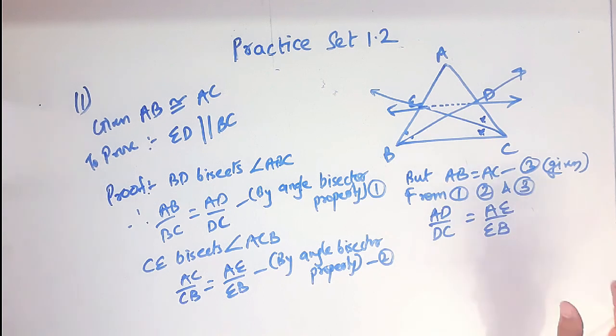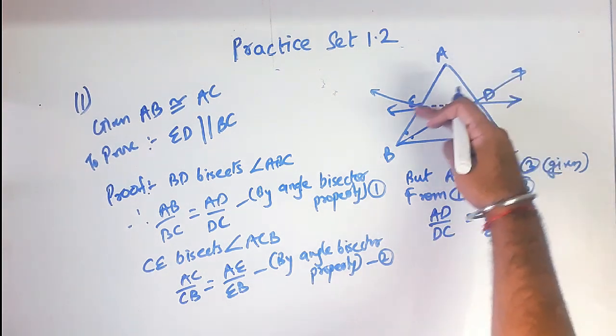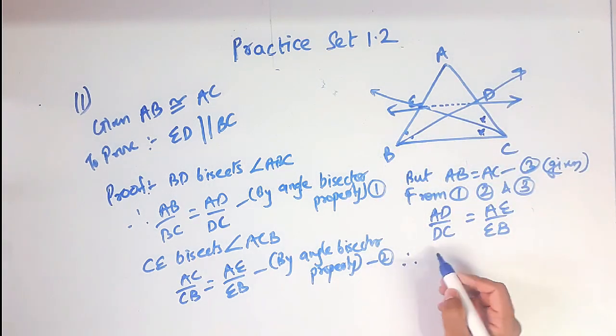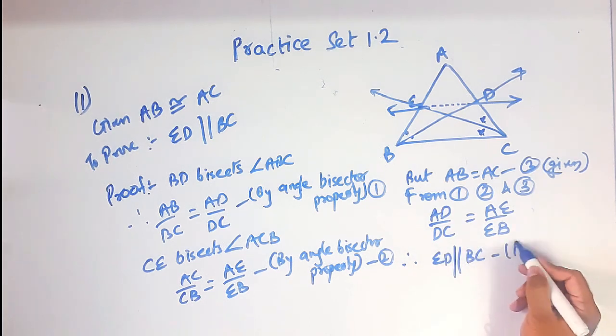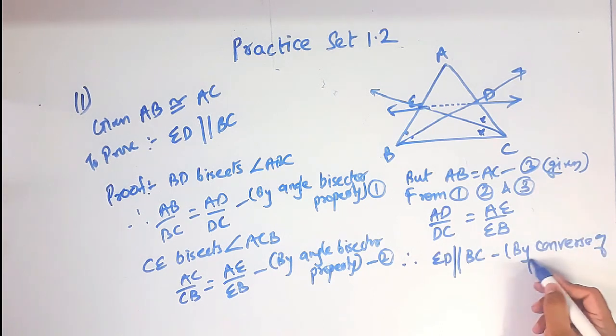With this, we'll get AE upon EB is equal to AD upon DC. Therefore, we'll get ED is parallel to BC. This is by the converse of the basic proportionality theorem.